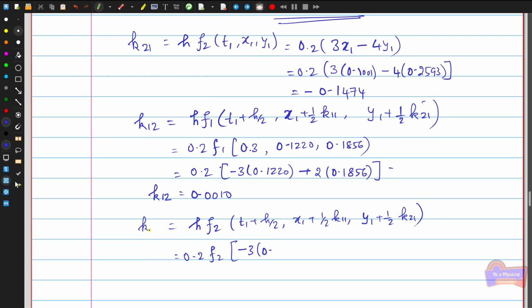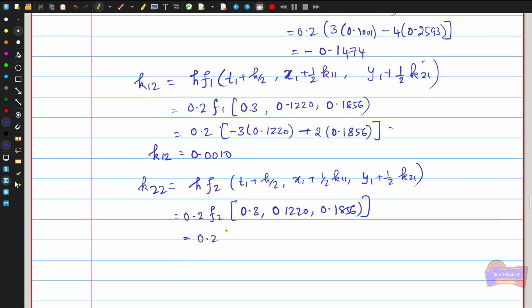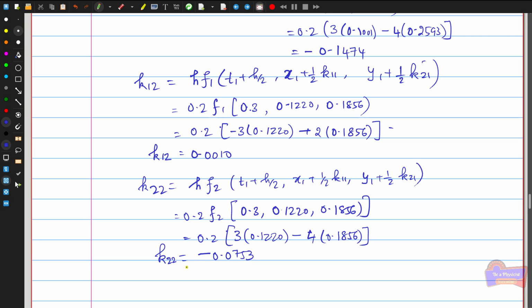This is actually k22, so I can substitute the values of f2 as 0.3, 0.1220, 0.1856, so that the final value will be equal to 0.2 times 3 times of 0.1220 minus 4 times of 0.1856, that will be equal to minus 0.0753. That is the slope of the k22.